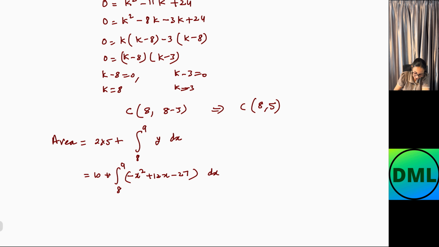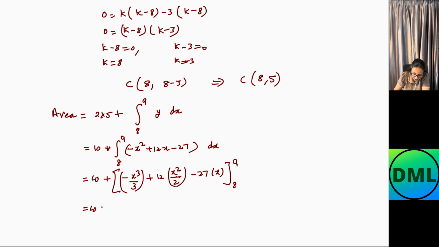Let's integrate it here. This will be equal to 10 plus minus x square, you are integrating that. That will be equal to minus x cube by 3 plus 12x square by 2 minus 27x. I need to put the values from 8 to 9 here.